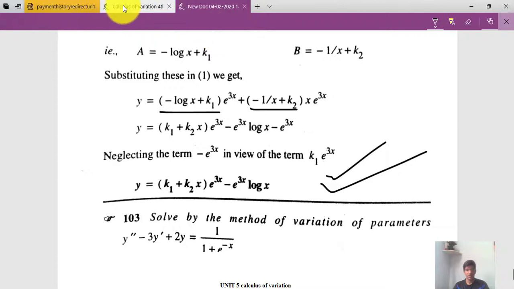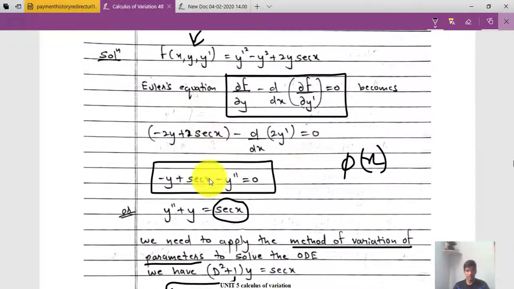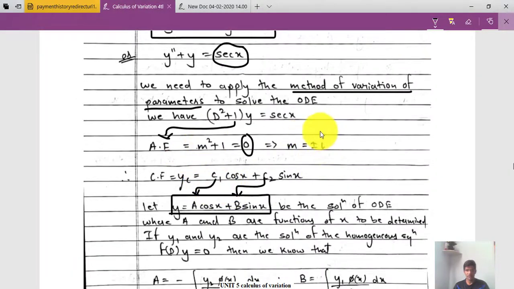Similarly, in my next problem, phi of x was sec x. This is the differential equation, and it has imaginary roots. So I can express my solution in terms of c1 cos x plus c2 sin x, or let me assume the solution to be a cos x plus b sin x.